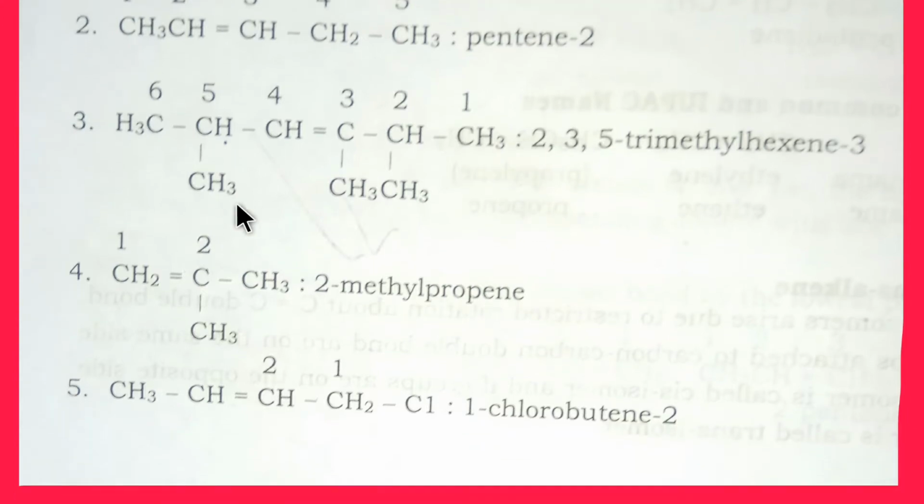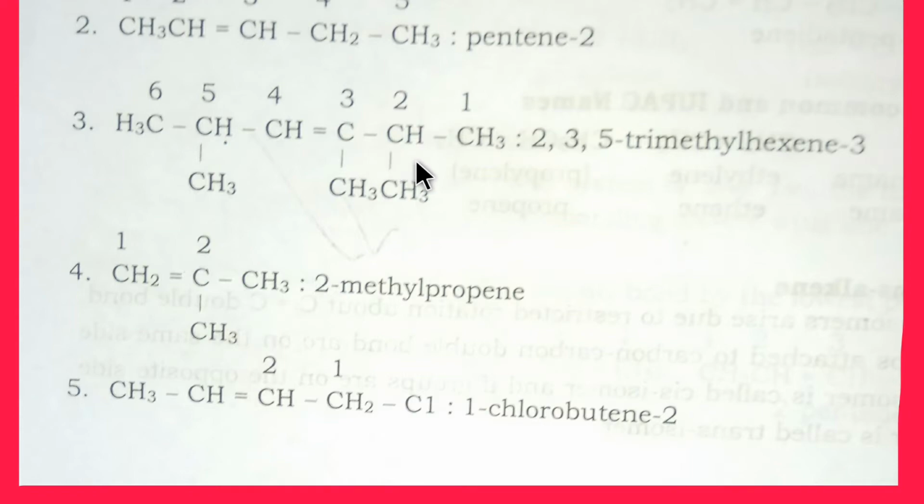Well, let me explain the nomenclature of this compound. If I number from this side 1, 2, 3, 4, the position of the double bond is at carbon 3. But if I number from the other side 1, 2, 3, the position of the double bond is also at carbon 3. So from both sides I am getting the position of the double bond at carbon 3.